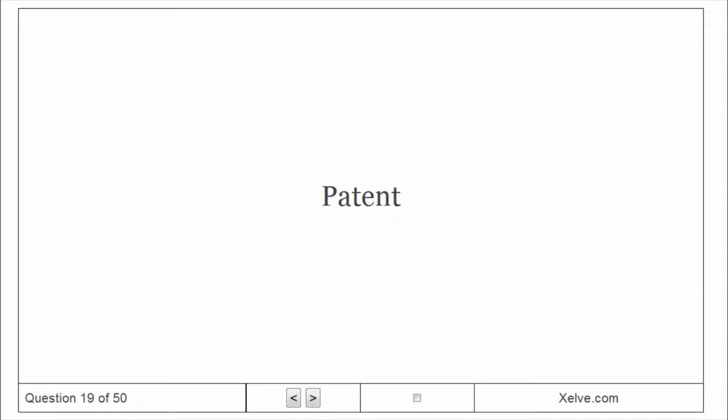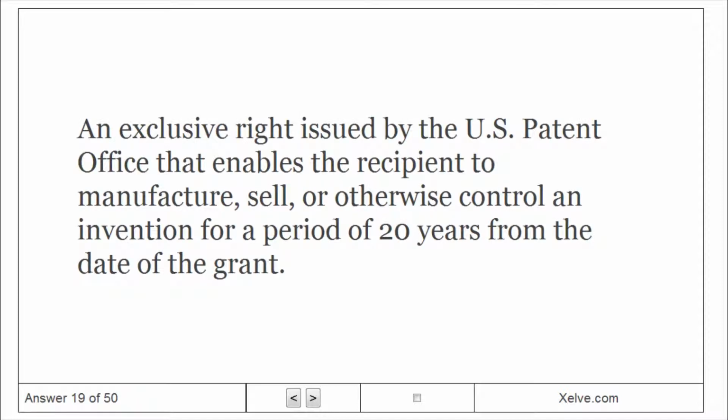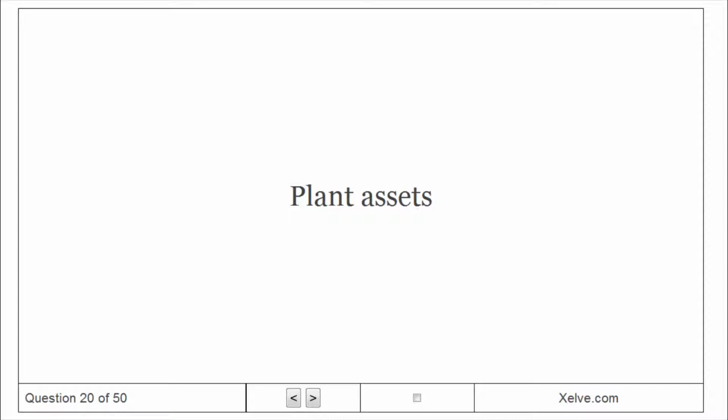Patent. An exclusive right issued by the U.S. Patent Office that enables the recipient to manufacture, sell, or otherwise control an invention for a period of 20 years from the date of the grant. Plant assets.